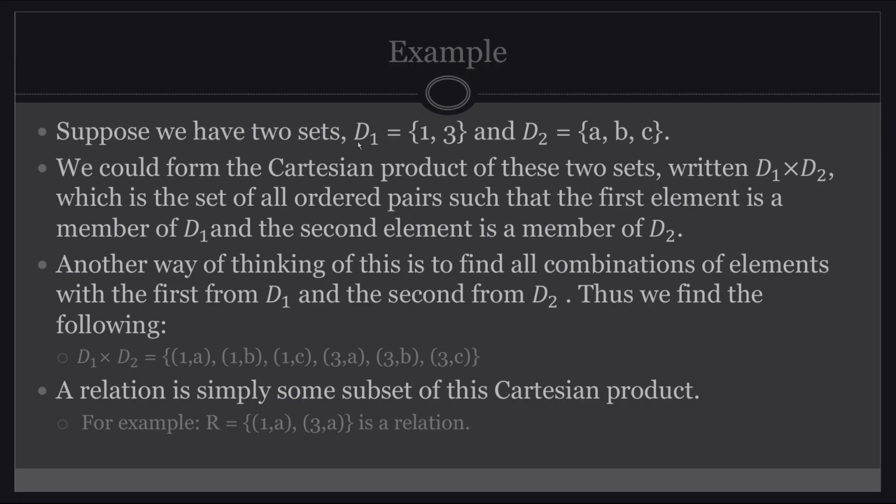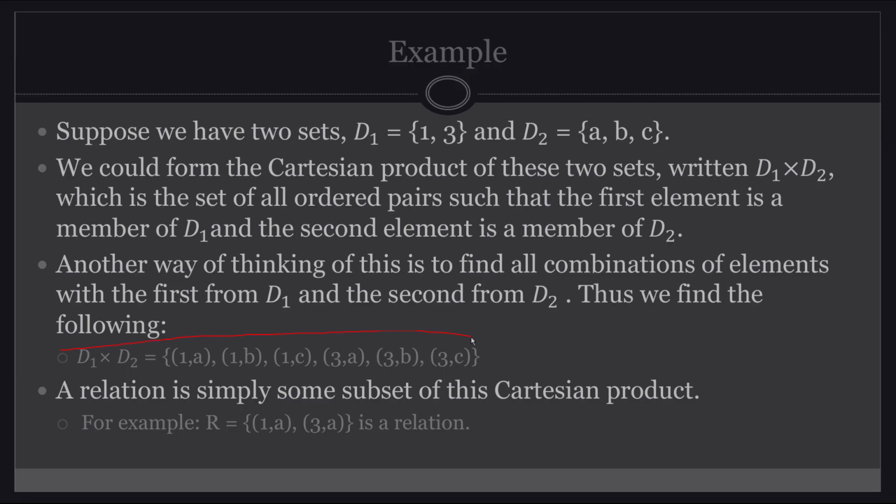So let's look at an example first before we cover the other 2 points. Okay, suppose D1 is {1, 3}, and D2 is {A, B, C}. The Cartesian product of these two sets is any combination of elements where the first element is in D1 and the second element is in D2. Any combination of two elements, like, okay? So you can combine 1 with A, you can combine 1 with B, you can combine 1 with C. You can also do 3 with A, 3 with B, and 3 with C, okay?